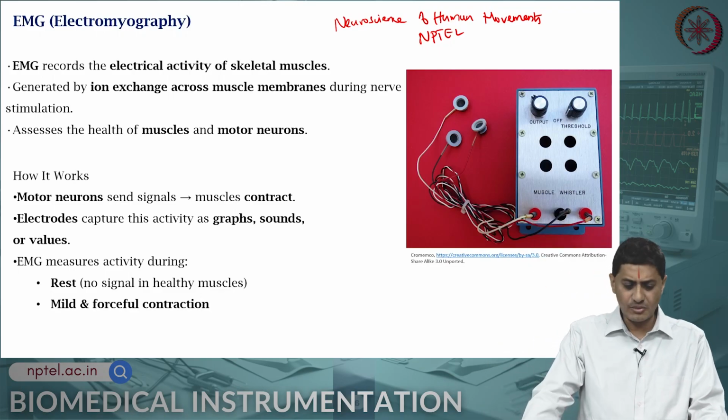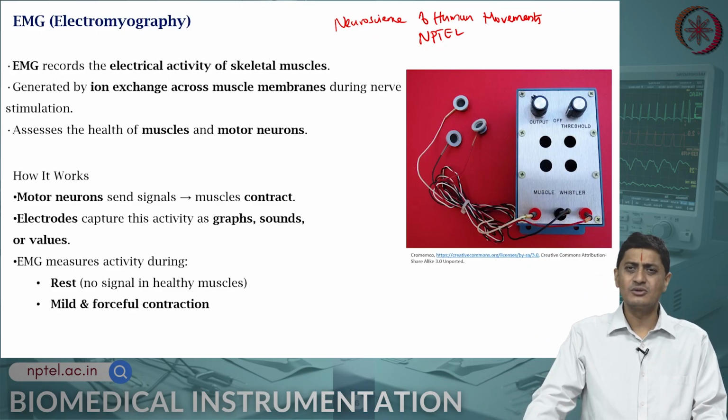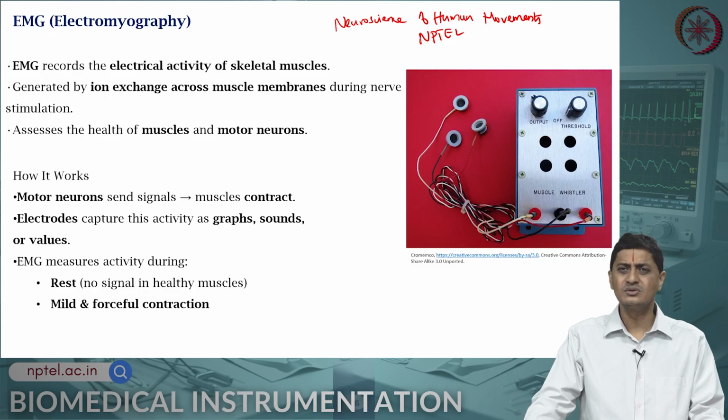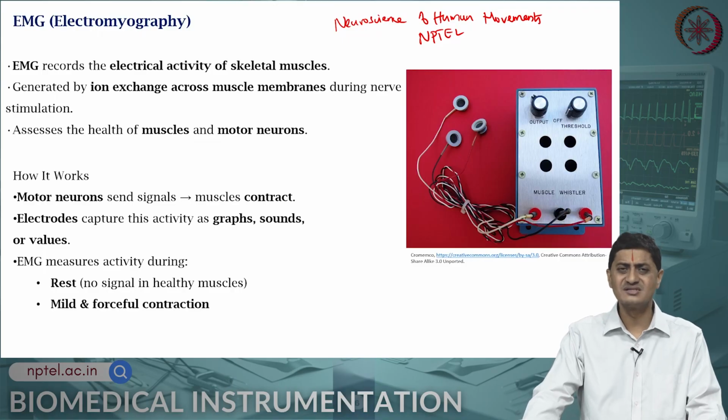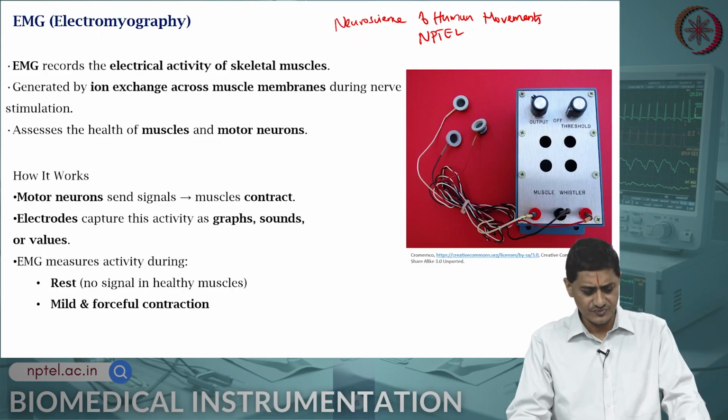This electromyography or electromyogram, the EMG signal, is generated due to flow of ions across muscle membranes during nerve stimulation, during neuronal stimulation. It can give us an idea about the health or the absence of health of muscles and motor neurons.